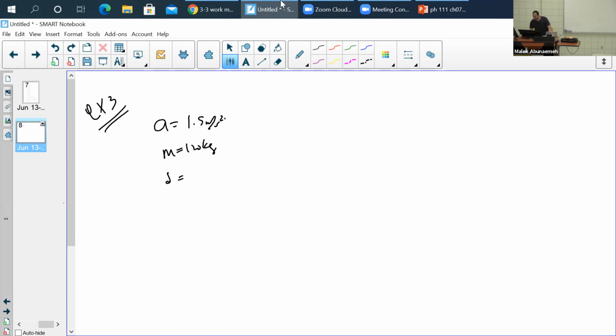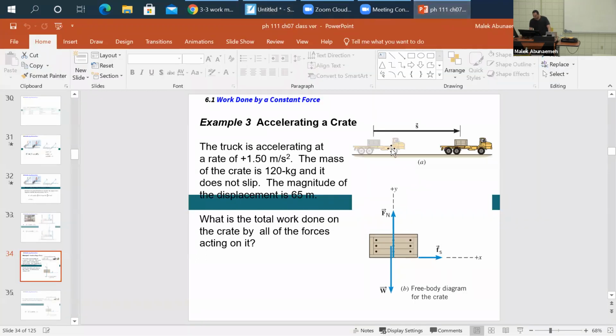I think it was 65 meters. And you want the total work. Now, again, we said your work is, and I think there was an angle. No, so it's going straight up and down.